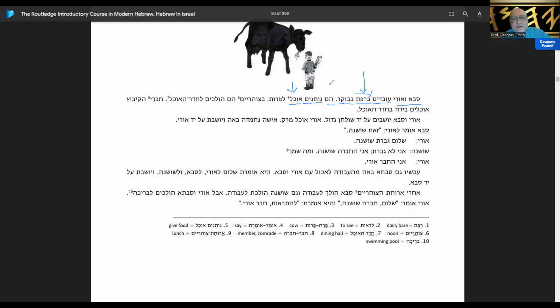They, notenim, are giving ochel, food. Lafarot would be to the cows. Lafarot, right? Okay, all right, so they're giving food to the cows.